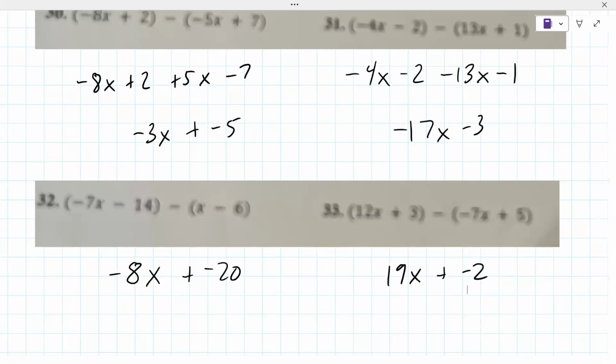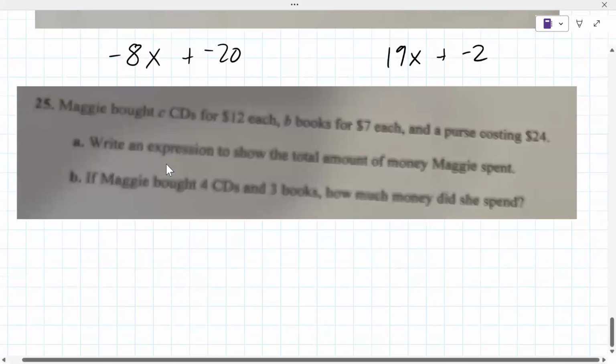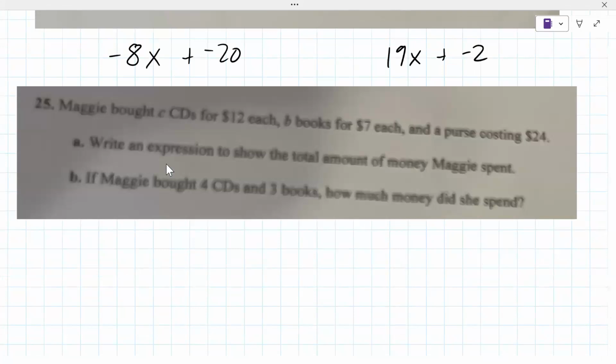All right, so let's go back to 25. Try to write an expression for this. 12c plus 7b plus 24. There it is.